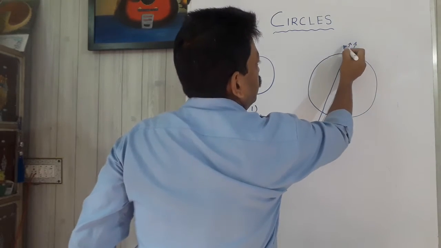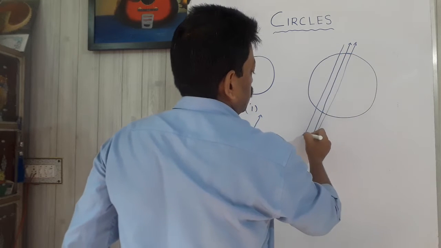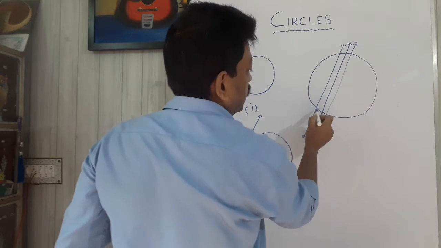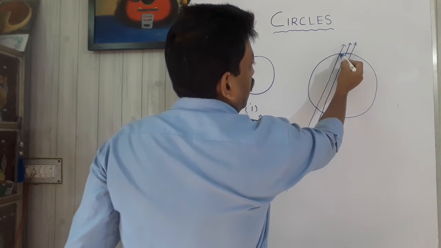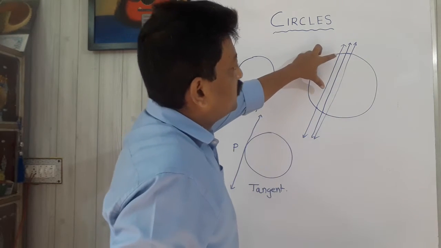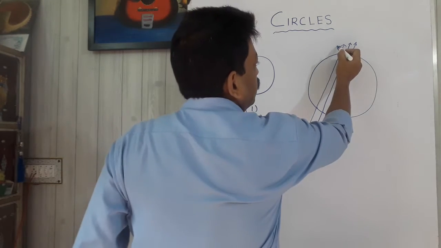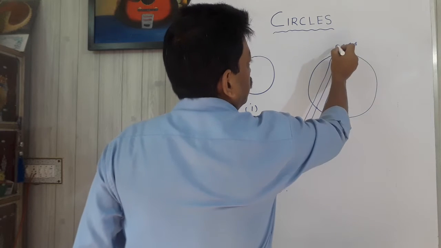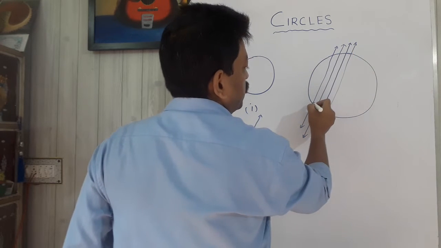In this way, if we go on drawing so many secants, then these points of intersection are gradually coming closer to each other. One more secant, the points of intersection are here.